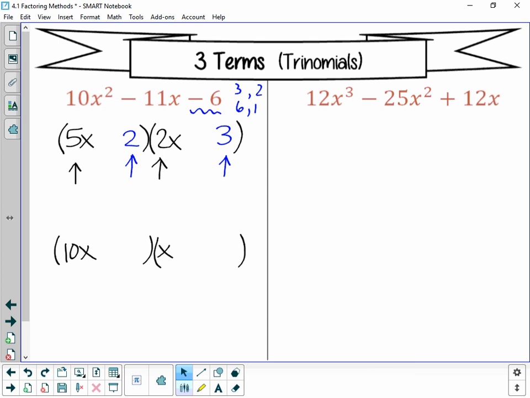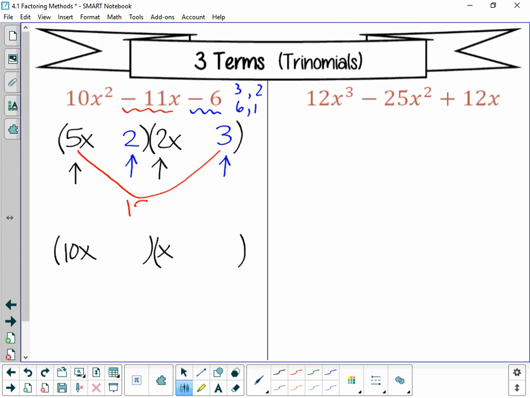What we need to test now that we have this set up is, can we get a -11x out of this? Well, here's a 15x, and here is a 4x. So the question is, could that combine somehow to give me a -11? And hopefully you notice that, yeah, it can, if this is a -15.